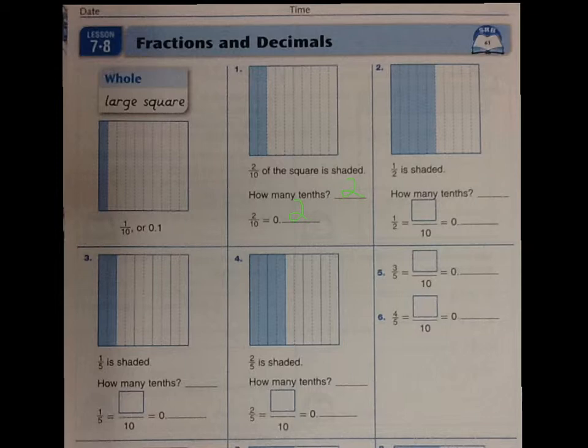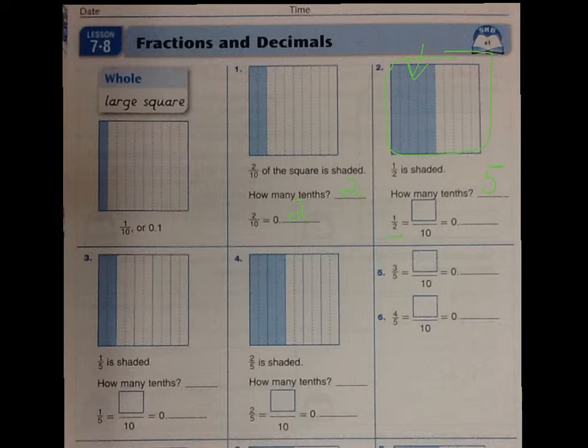Looking at number 2, we see on our drawing up here that half of the drawing is shaded, right over here. How many tenths is that equal to? Show me on your fingers. Good. 5 tenths. And then it says 1/2 is equal to blank tenths. We could do that a couple of different ways.